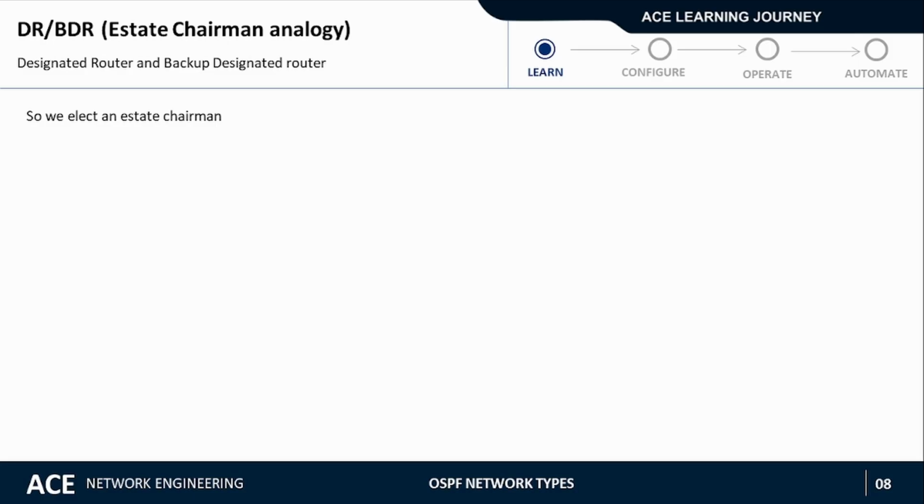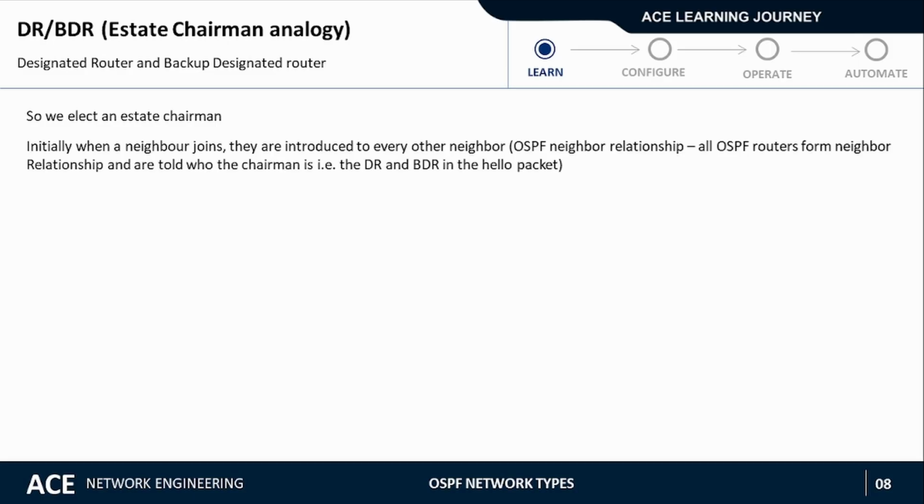And then when new neighbors come in, they will be informed by one of the neighbors that here we have an estate organization, and these are the neighbors that we have, and we have a chairman. This is where the chairman lives, and that is exactly how OSPF works.